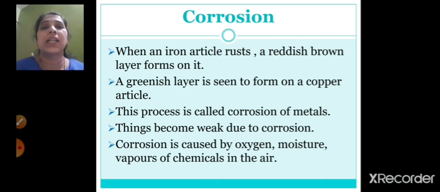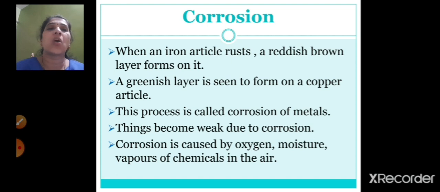That is known as rust, right? So it gets rusted because it comes in contact with the oxygen and the water. So when an iron article rusts, a reddish brown layer forms on it. A greenish layer is seen to form on a copper article, right? On the copper articles you can see a green color layer. So what is this process?